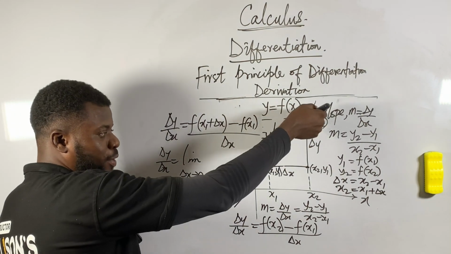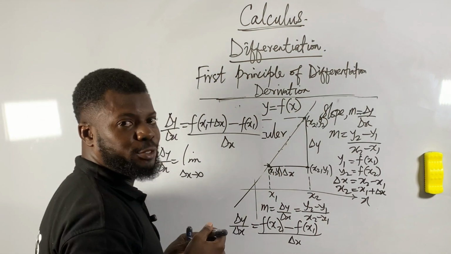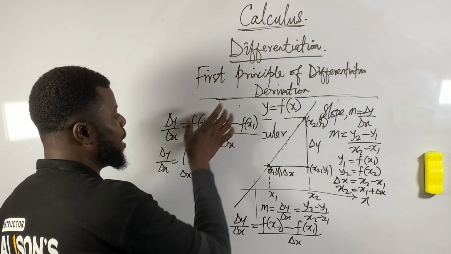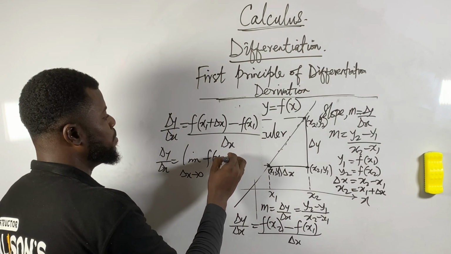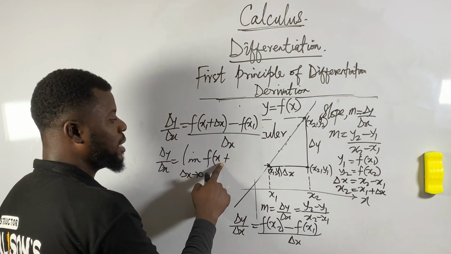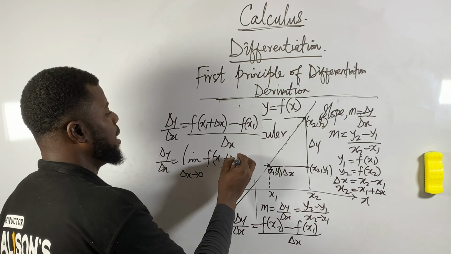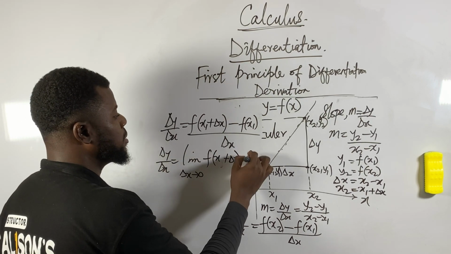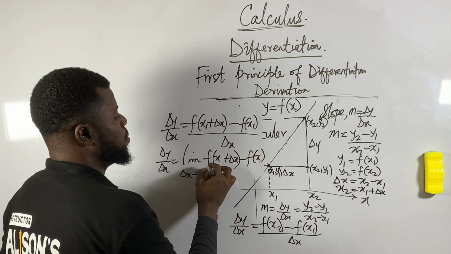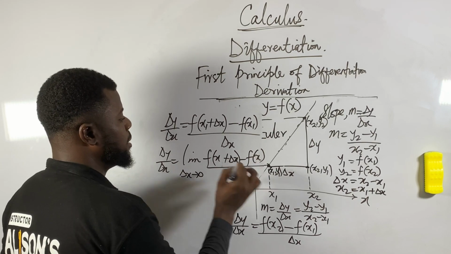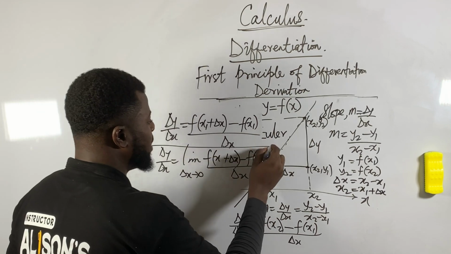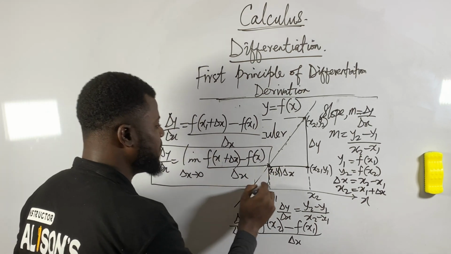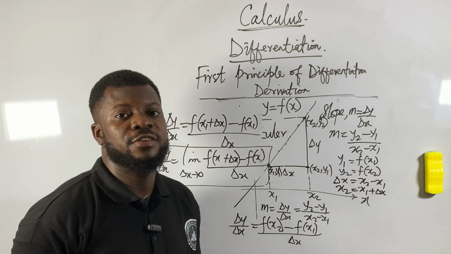That means the direction when you approach 0 gives you more accuracy. It will be f of x1 plus dx minus f of x over dx. This thing you see here is the first principle of differentiation.